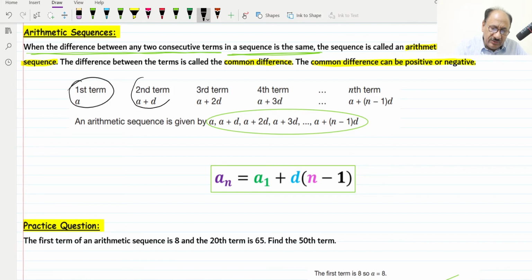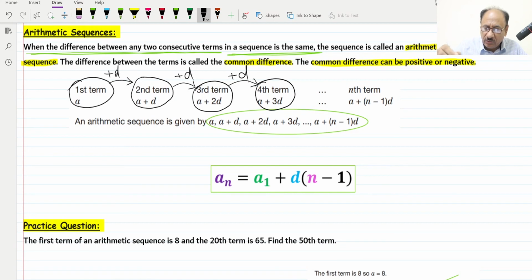So if we add d to the first term, we get the second term, which is a plus d, and one more d added to the second term gives the third term, which is a plus 2d. For each term we keep adding d, and we get the fourth term also.